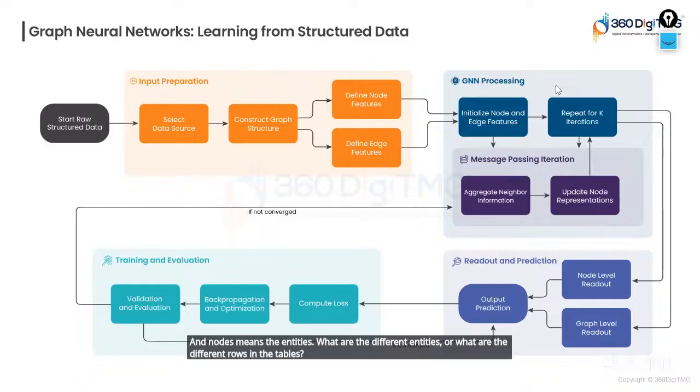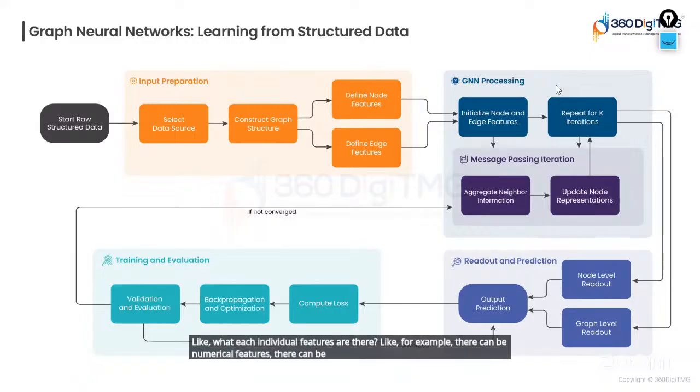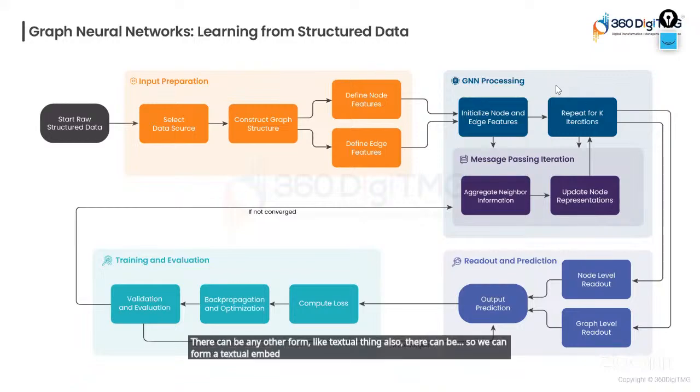Here we will form node features, meaning the individual features of each node. For example, there can be numerical features, categorical features, or any other form, like textual features, from which we can form textual embeddings.